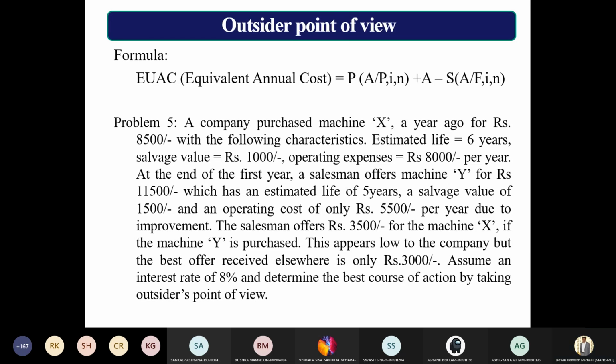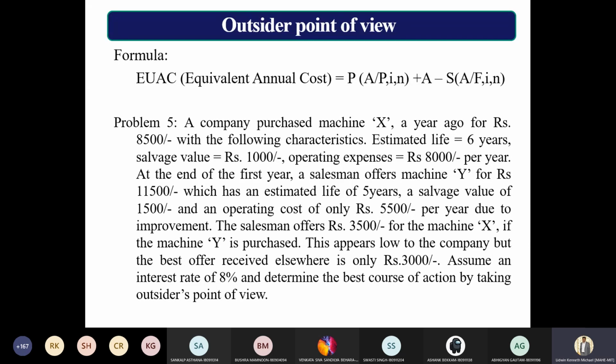Now, please remember, there is a company which has got a machine X. There is a salesperson who is offering machine Y to them, right? Now, machine X was purchased a year ago for 8,500, whereas at the end of the first year, after one full year is completed and after spending the maintenance cost of 8,000, the salesman will offer a machine Y for 11,500.